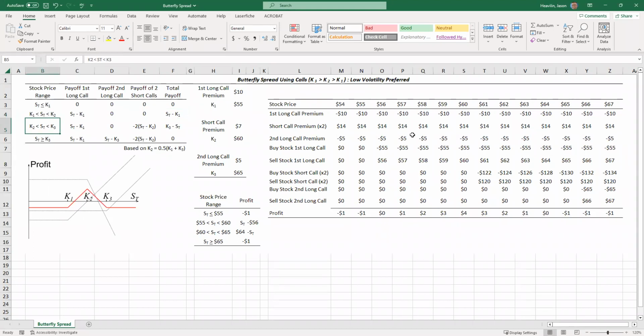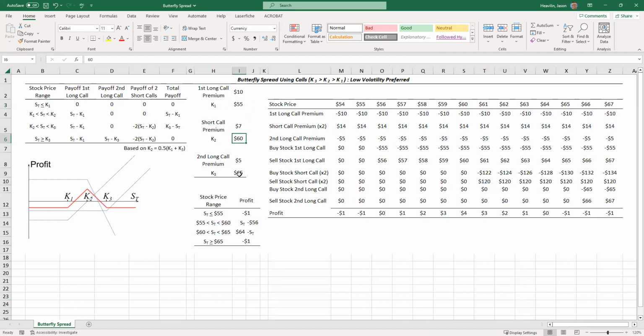The next range is where the stock price is above K2 and below K3. So we're looking at this range here. Notice there's no one number. So what happens? Now there's some exercise happening here and here because the stock price is above these 2 strike prices.